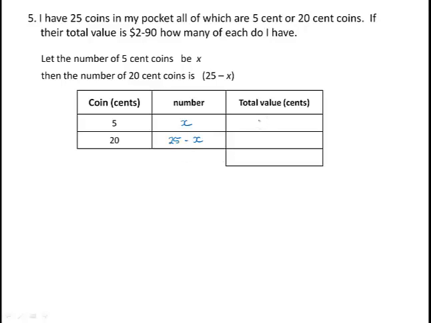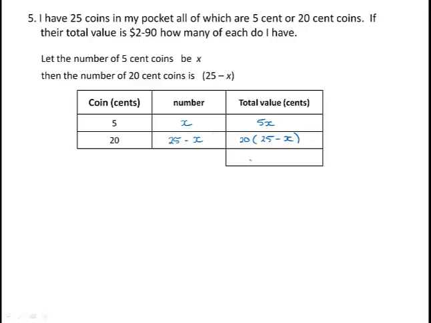The total value. To get the total value of 5-cent pieces, we times 5 by x. And to get the total value of our 20-cent pieces, we times the 20 cents by 25 minus x.